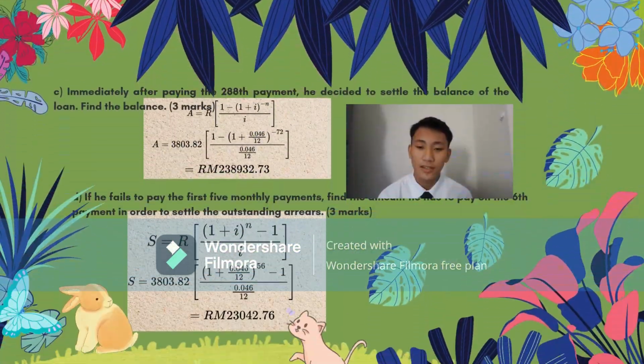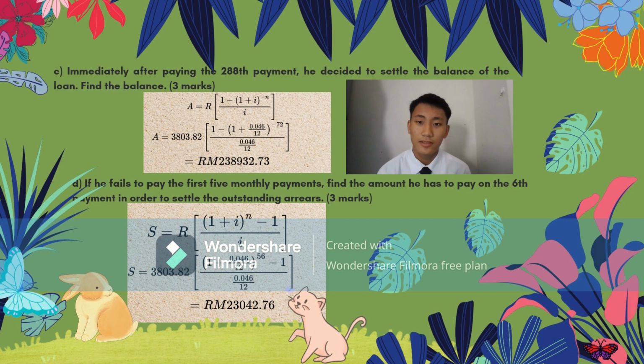C. Immediately after paying 288 payments, he decided to settle the balance of the loan. Find the balance. The N would be 360 minus 288, which gives us 72.